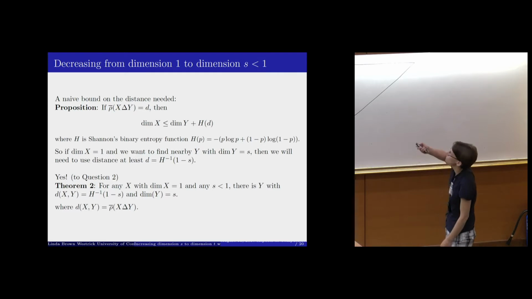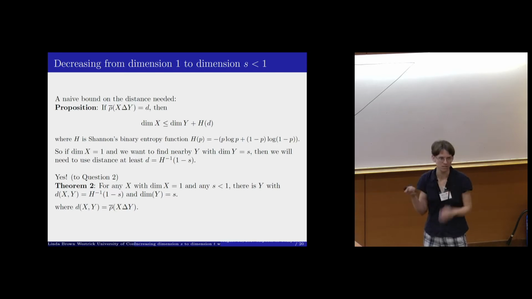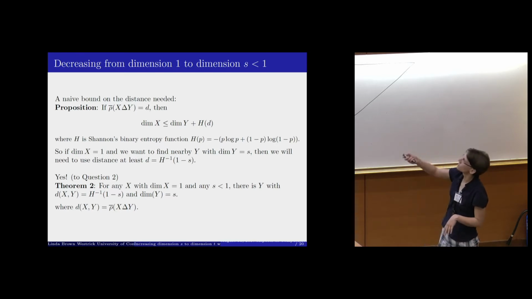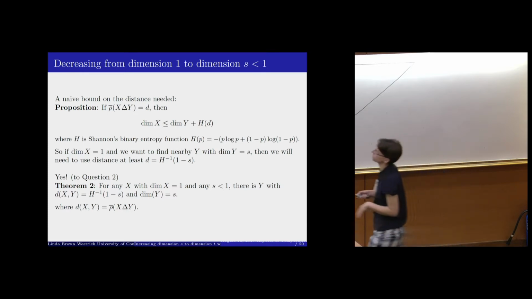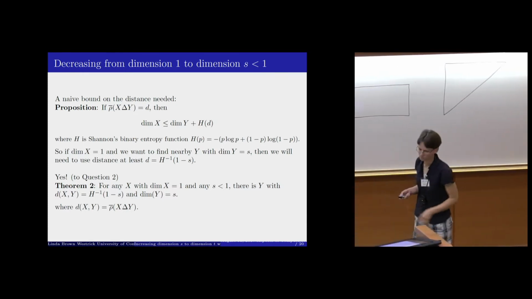So 10% of changes would be an absolute minimum of what you could possibly need based on this naive bound. But it turns out that you can also go in the other direction and say, okay, 10% actually will be enough changes to a dimension 1 real in order to get it down to dimension 1/2.